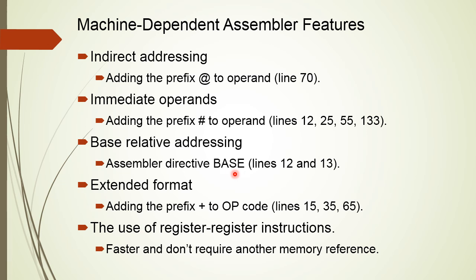You can store the value to the base register by using the assembler directive BASE. Then if the instruction is prefixed with a plus, it is called a format 4 instruction, the extended format. And register to register instructions take less time, they are faster and do not require any memory references.